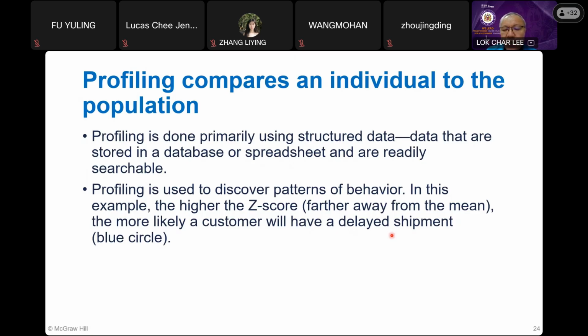The further it goes from the mean, the higher the z-score, and the customer is most likely to have a delay in shipment. This is one kind of profiling. Later I will show you the picture of the profiling. When something is further from the mean, it means that there is an outlier or delayed shipment.